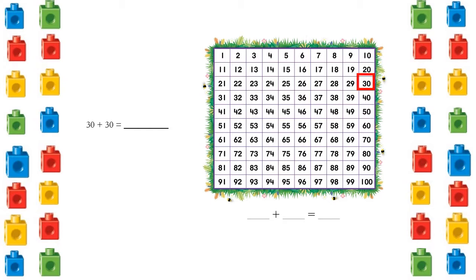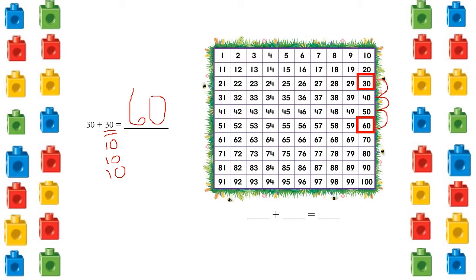No problem. Start at 30. How many tens are in this? 10 plus 10 is 20, plus 10 is 30. So we're going to drop down 3 rows because each row is 10. So 30 plus 30 equals 60.